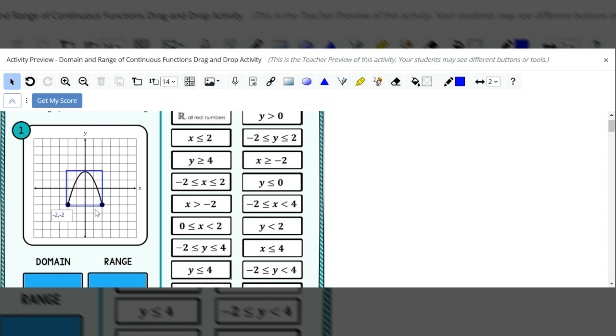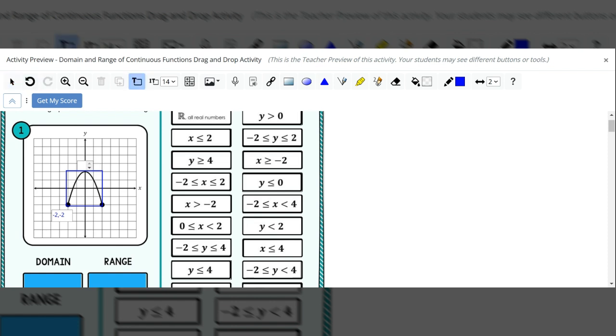The next part, starting from there, it went up, going up to the highest point. That's 0 and 2. Let's write it on the top.